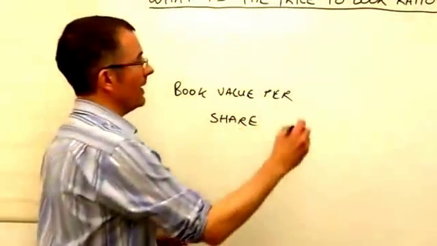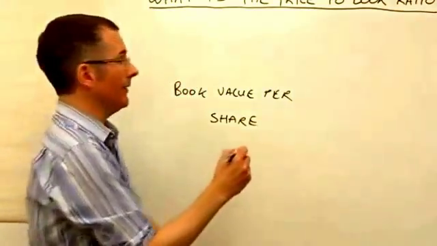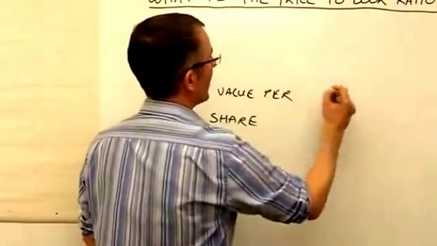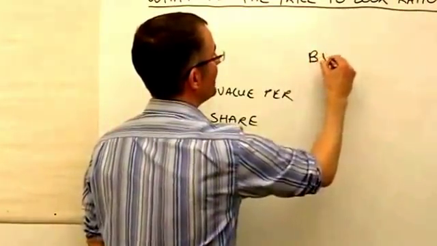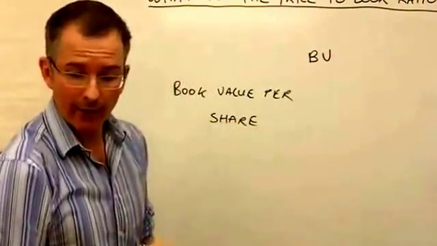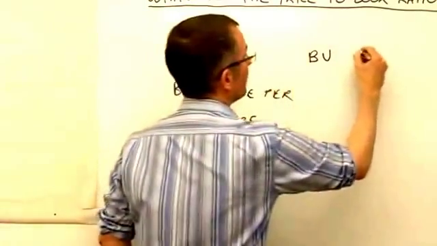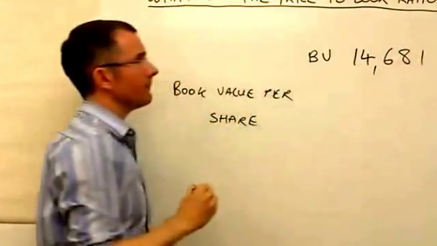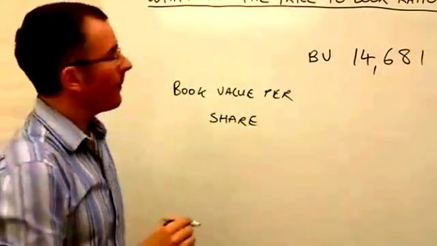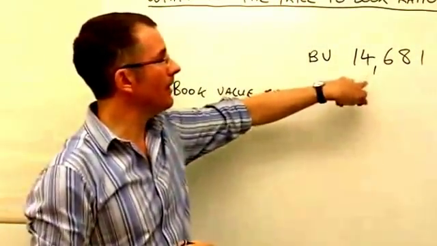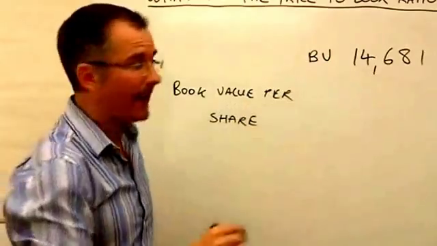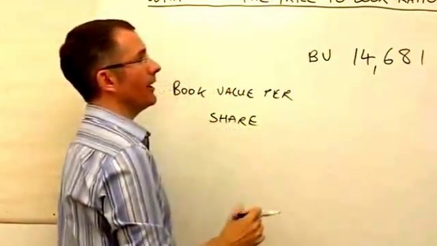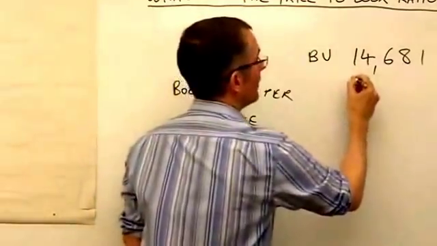So for example, in Tesco's latest accounts, in millions, the book value, so I could call that the BV of Tesco's assets, this is in millions, is 14,681. And in terms of number of shares issued, again, all expressed in millions, just to keep it tidy, I've shortened the number a little bit.